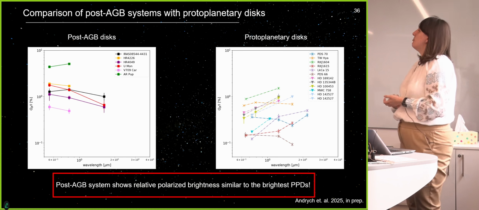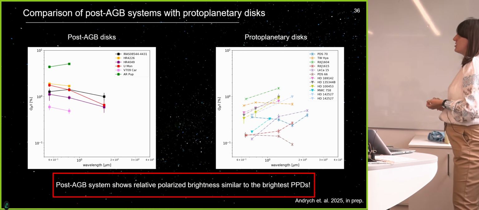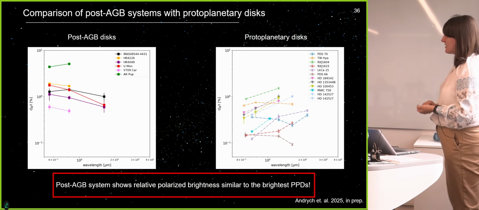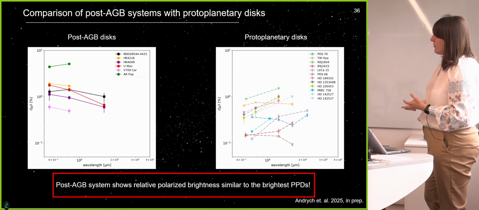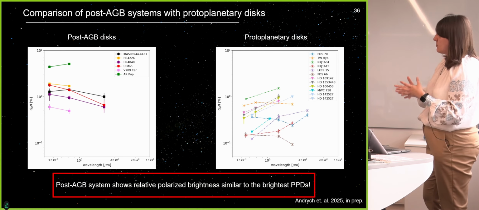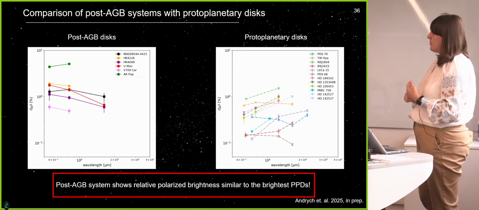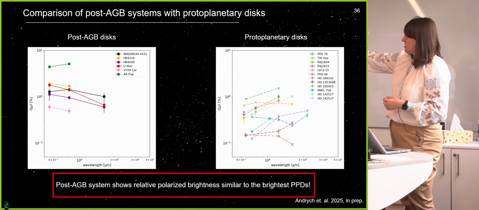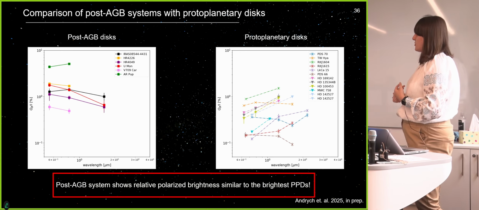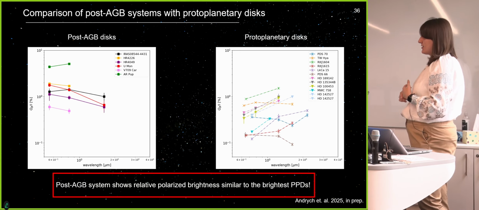Now coming to more comparison between post-AGB disks and disks around young stellar objects, we are measuring the disk brightness relative to the brightness of the central star. So then we can directly compare the brightness of our disks to the brightness of protoplanetary disks in polarized intensity.